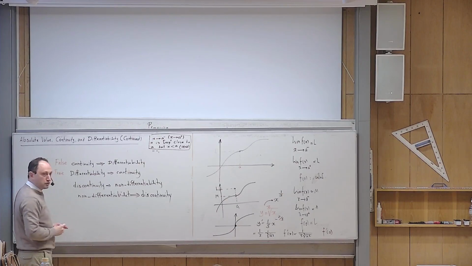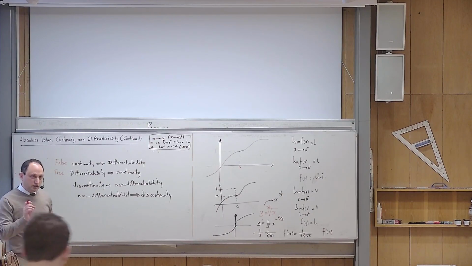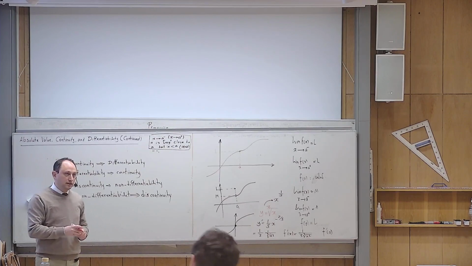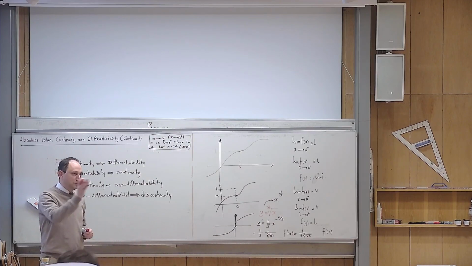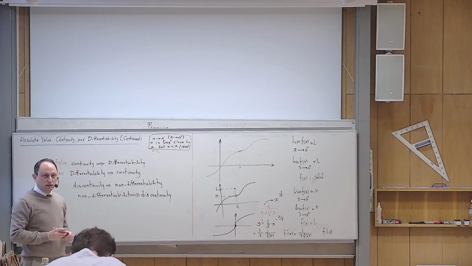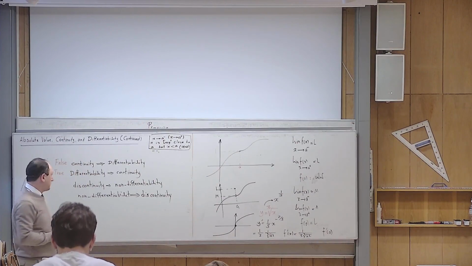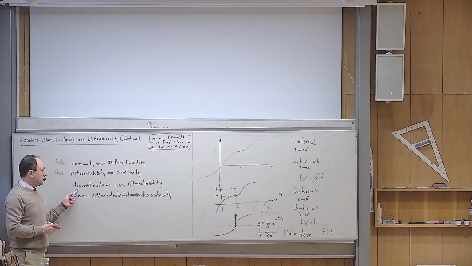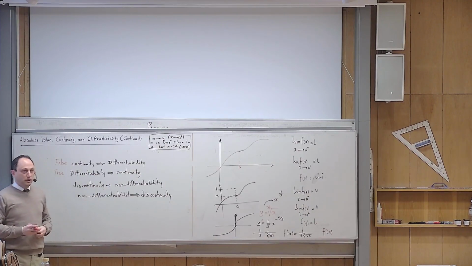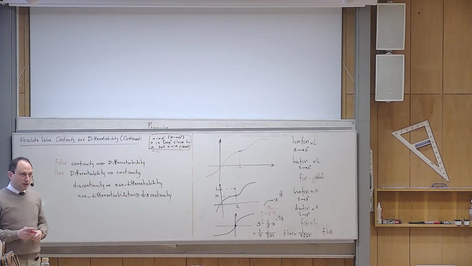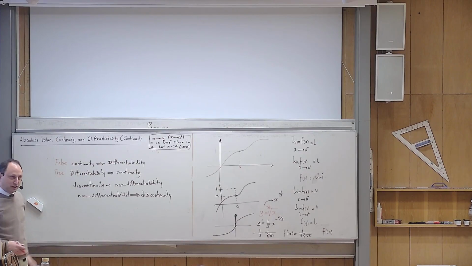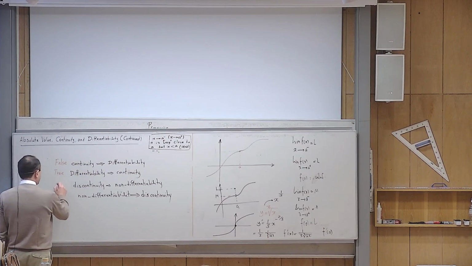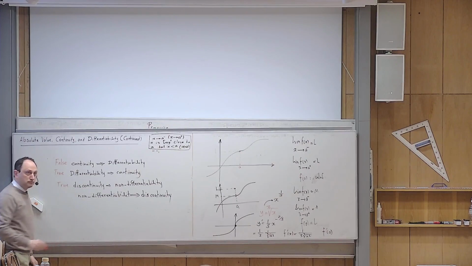But there is a rigorous proof: if a function is differentiable at A, it is also continuous at A. Okay, what about this one? Discontinuity implies non-differentiability. That's exactly the same thing, written in a slightly different language, so that is also true.